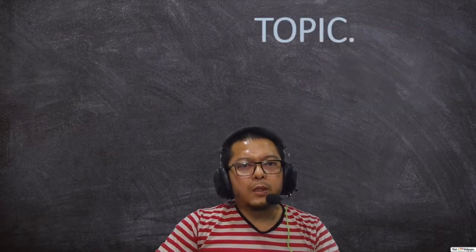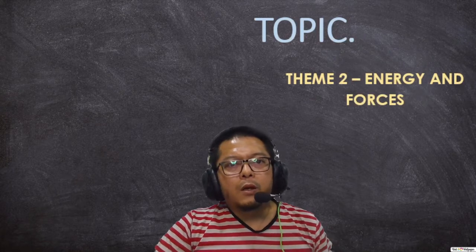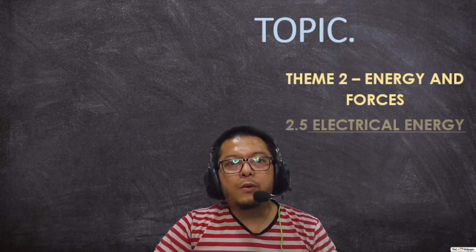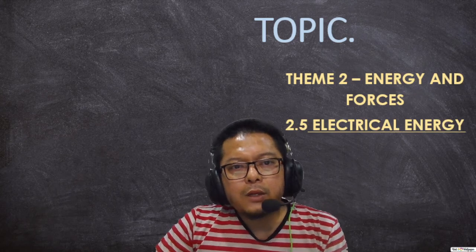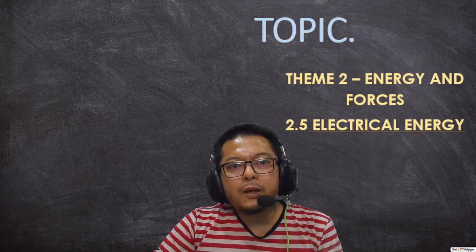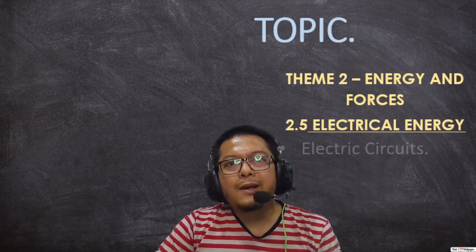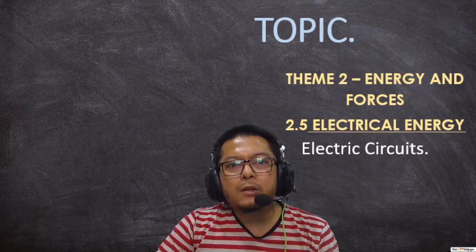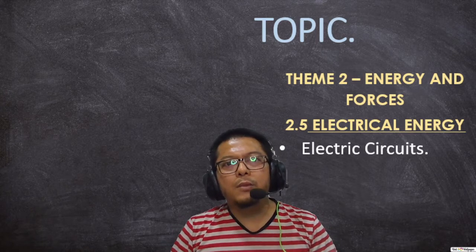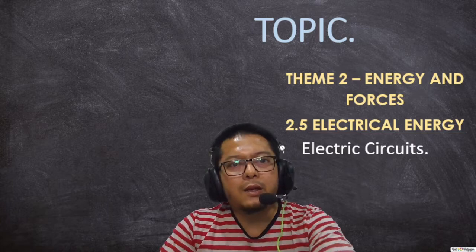Okay, the topic for this week, we're still in the theme energy and forces, and we're still under the topic electrical energy, and the subtopic would be electric circuit. So this week we shall talk about electric circuit.